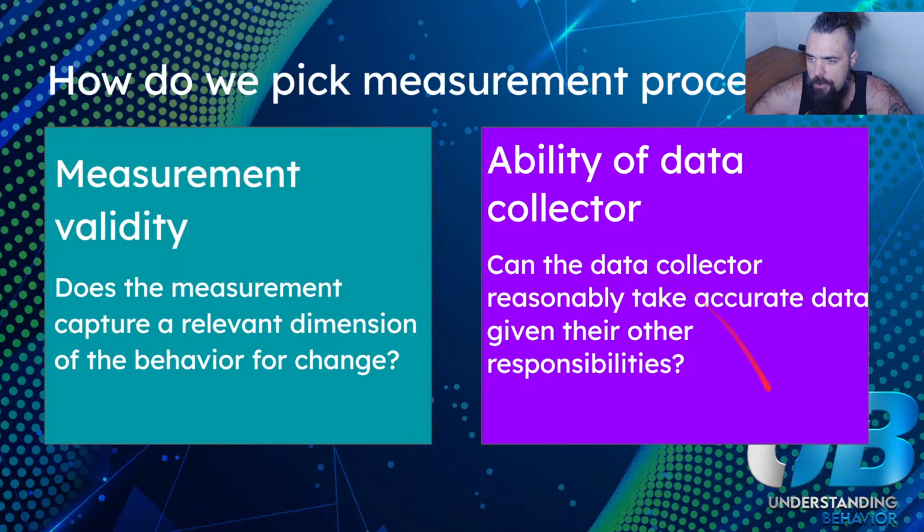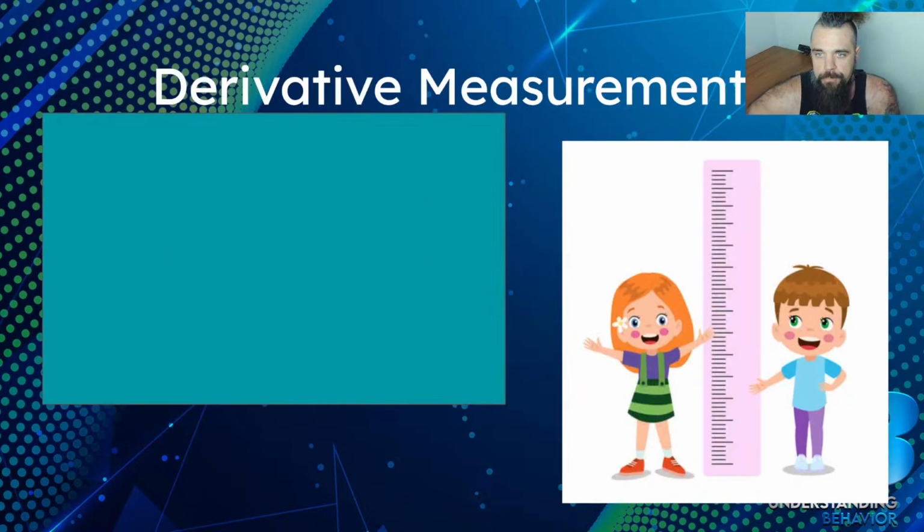So we're going to focus a little bit more on this today. Can the data collector reasonably take accurate data given their other responsibilities? When we talk about our discontinuous measurements, these allow for that a lot more easily, which is a nice advantage of them.